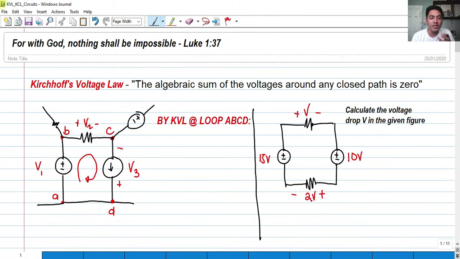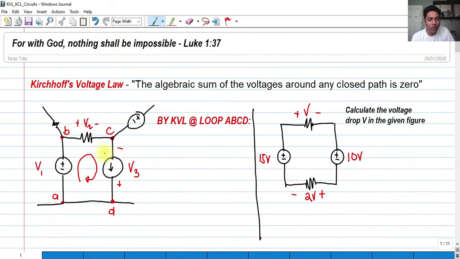But if it does not have any polarity, you will be the one to assign a polarity to that resistor, of course following again the rule that the current flows from a higher potential down to a lower potential. So it depends on the flow of current. The side where the current enters the resistor is the positive, and the side where the current leaves the resistor is the negative, because current flows from higher potential to lower potential.